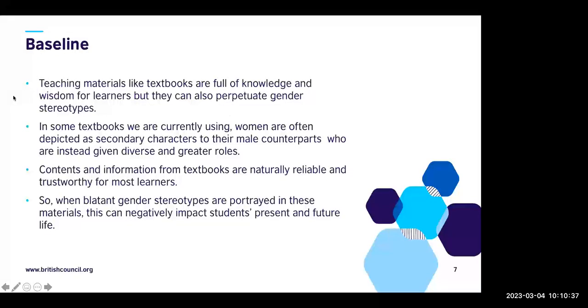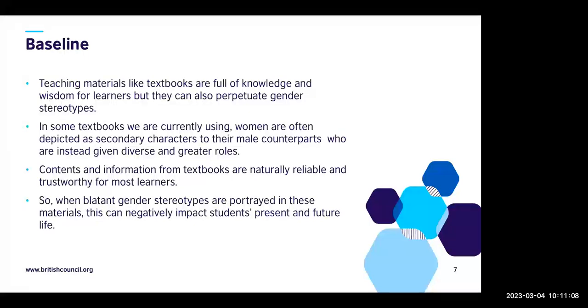Okay, this is an overview of the presentation. I would like us to reflect on it: teaching materials like textbooks are full of knowledge and wisdom for learners, but they can also perpetuate gender stereotypes, okay? In some textbooks we are currently using, women are often depicted as secondary characters to their male counterparts, who are instead given diverse and greater roles.